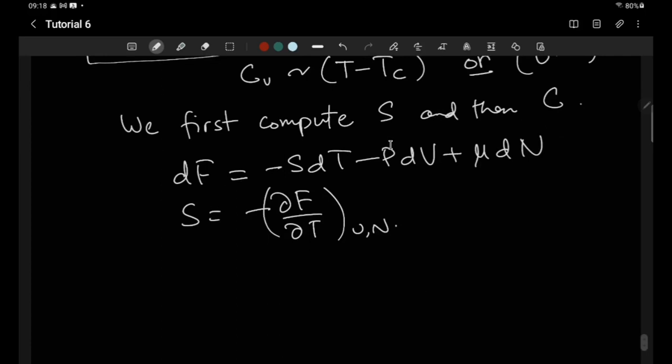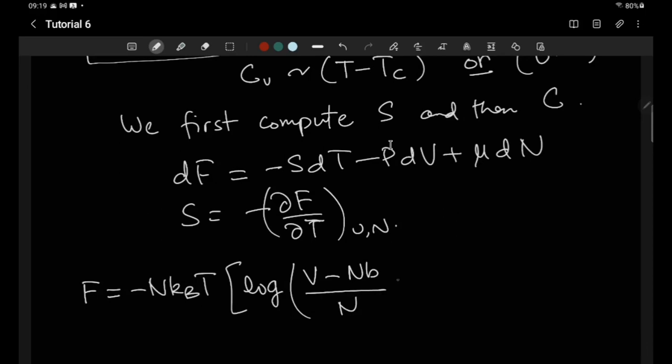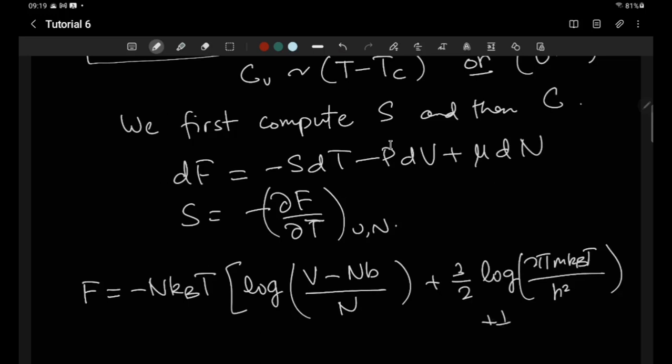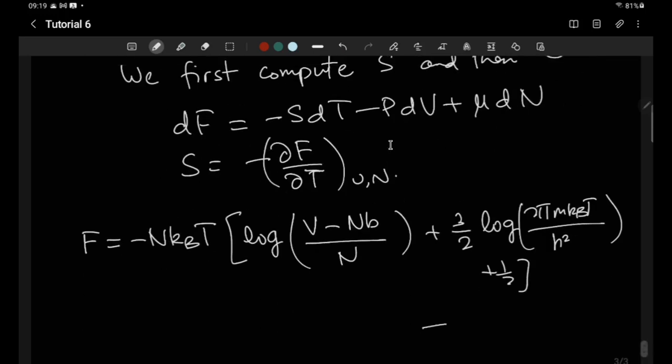We have the expression for the free energy, which let me write it out once, plus one more term, which is n squared a upon b.